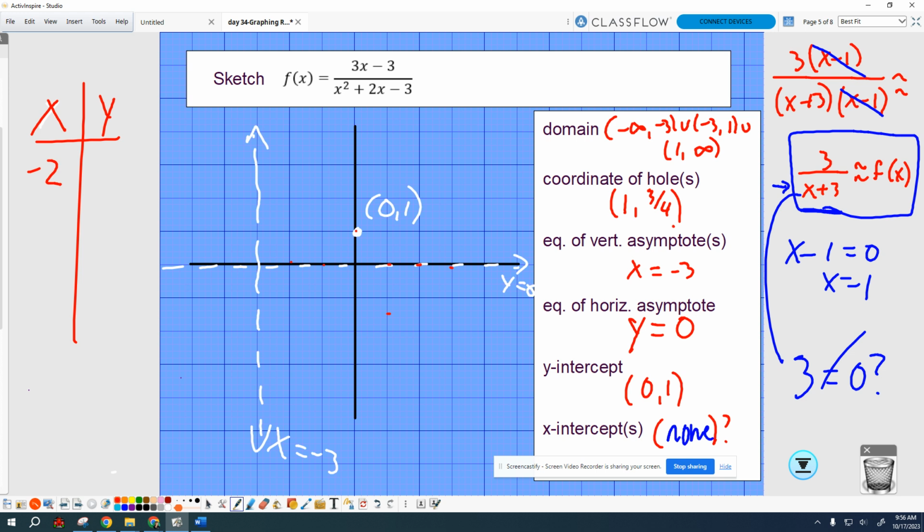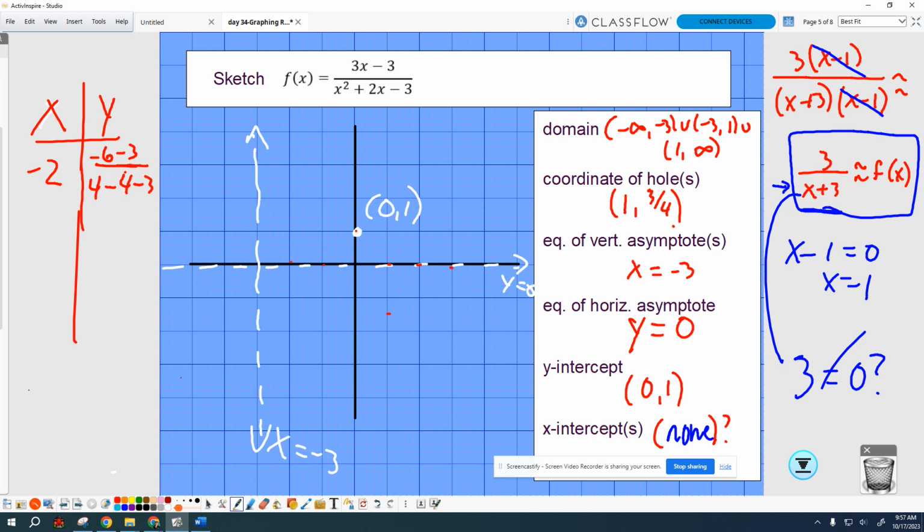David, plugging in -2, what do I get? So you're plugging in -2 where the x is? Okay. So 3 times -2 is -6, then -3, and then -2 squared is 4. 2 times -2 is -4.